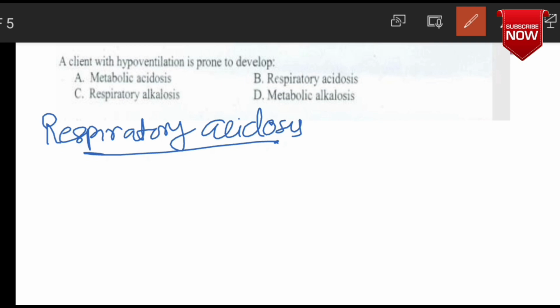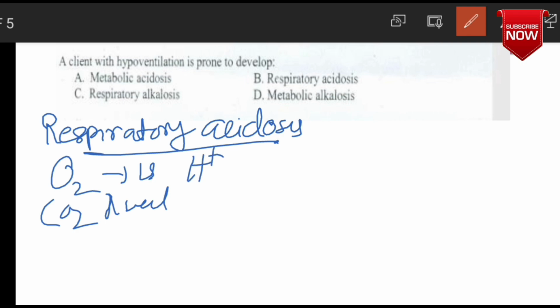In respiratory acidosis, the oxygen concentration is decreased and carbon dioxide level is increased, and H plus ion increased. The excess amount of the carbonic acid leads to acidosis.